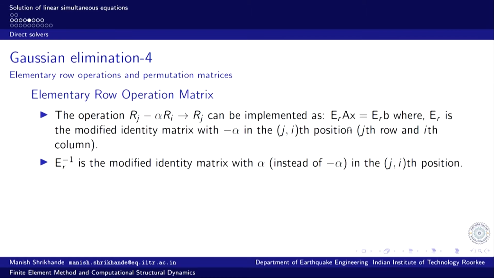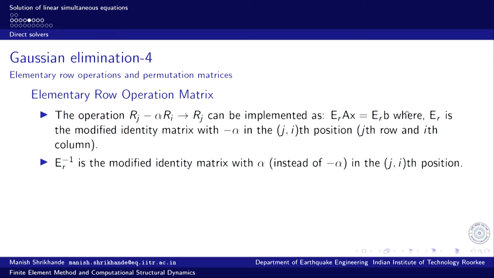Mathematically they can be implemented very easily, and the row operations are implemented as a scalar multiple, and permutation interchanges can be done by using permutation matrices if required for analysis purposes, and then eventually they can be implemented as elementary row operations of matrix A.